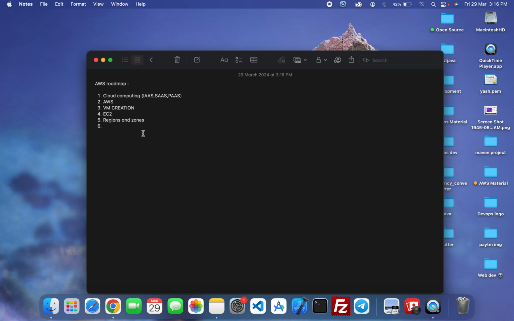So next topic is EBS. EBS stands for Elastic Block Store. Why do we use Elastic Block Store? In an EC2 instance we have a small amount of storage, like 8 GB in Amazon Linux.